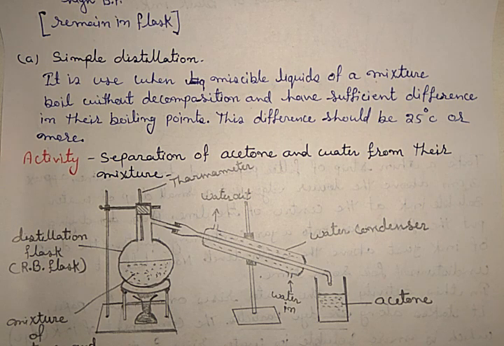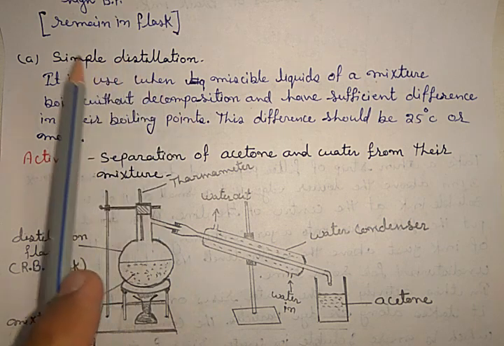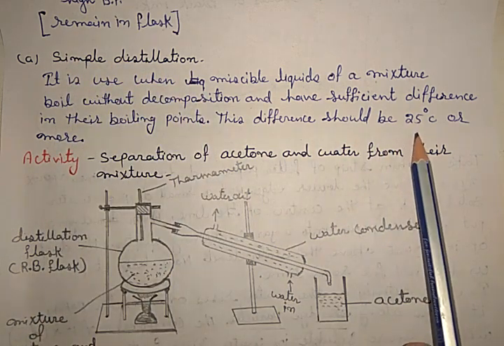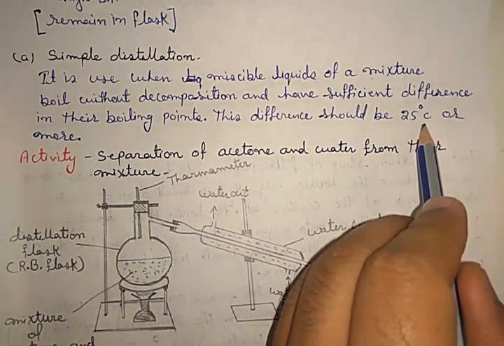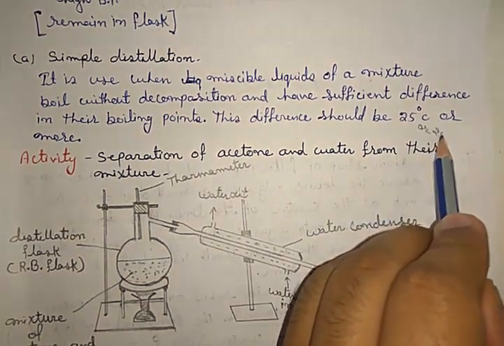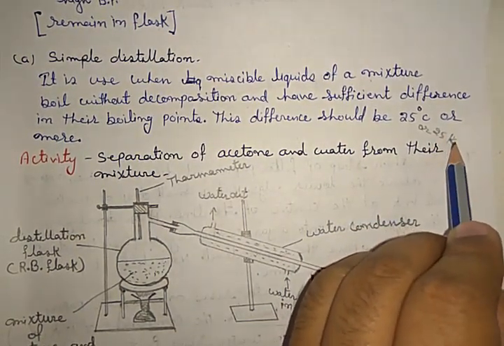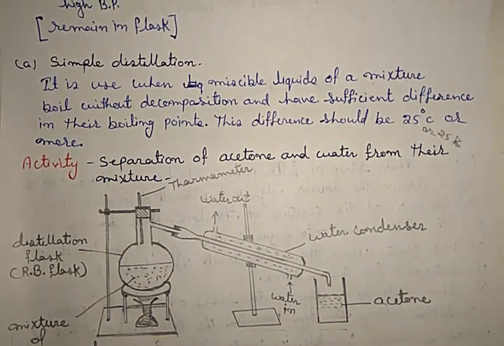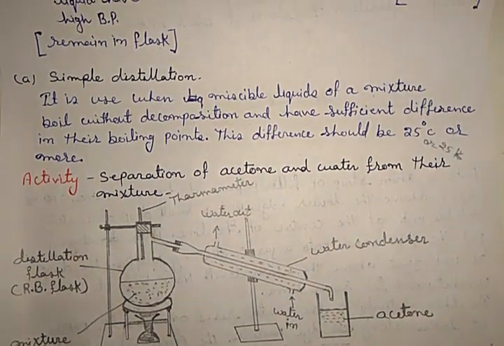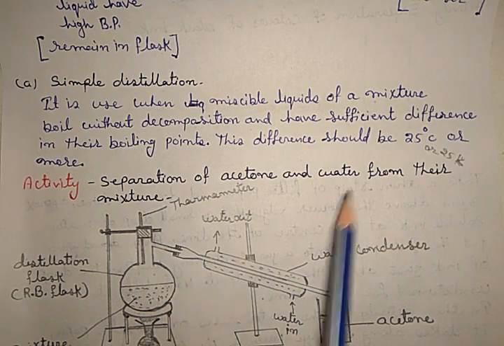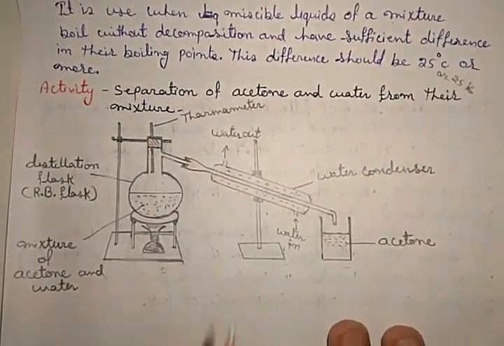So they should boil without decomposition and have sufficient difference in their boiling points. The minimum difference in boiling point for simple distillation is 25 degrees Celsius, or we can write it as 25 Kelvin also. 25 degrees Celsius or Kelvin or more.